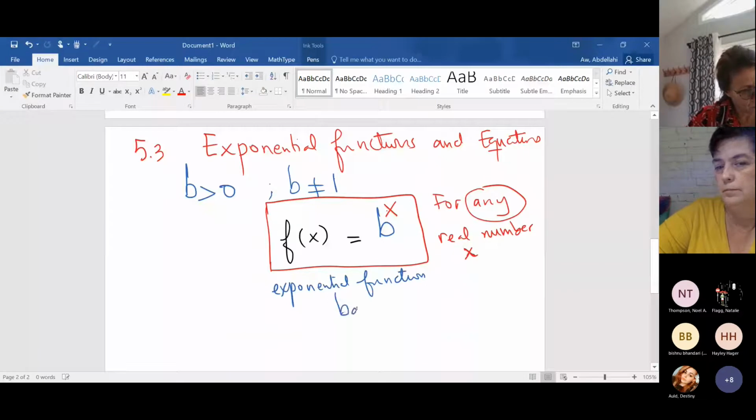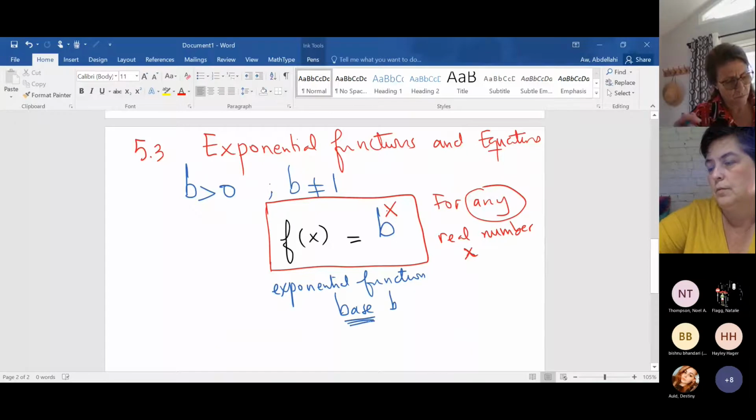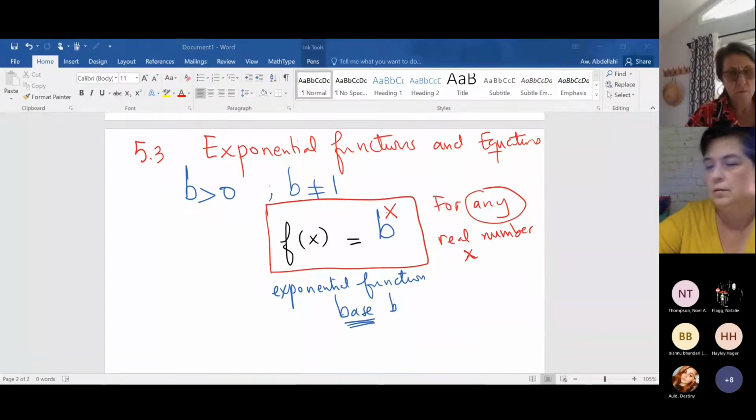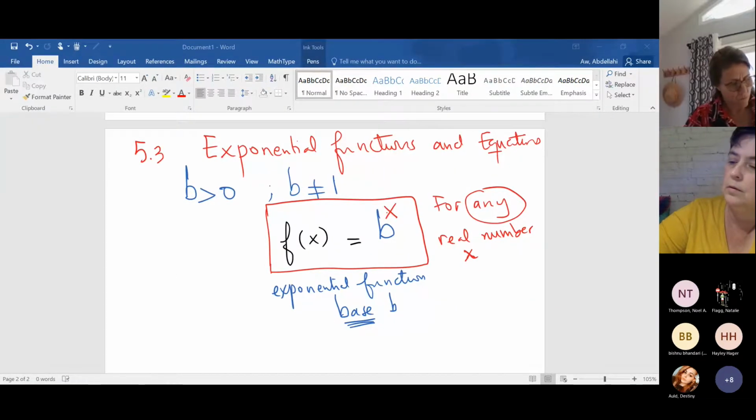The b is a base. Now look now, the base cannot be negative, and the base cannot be 1, okay?